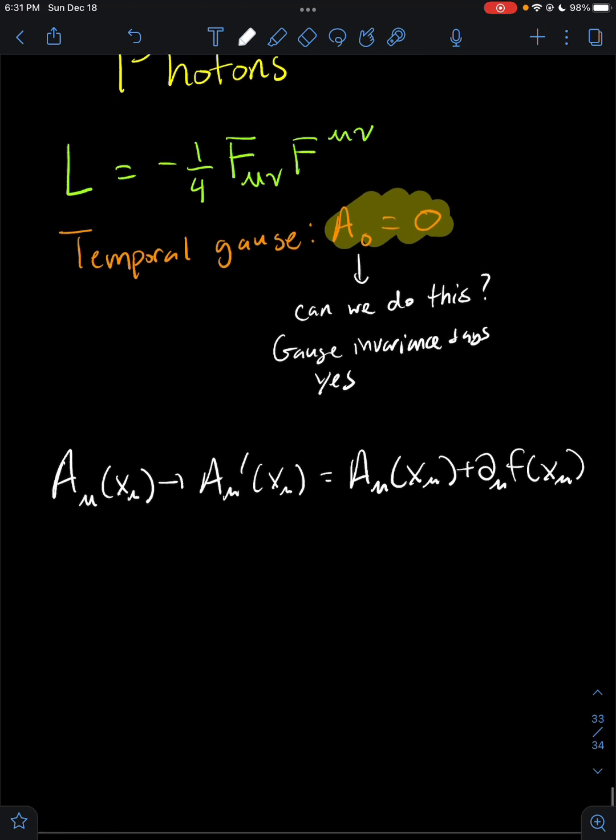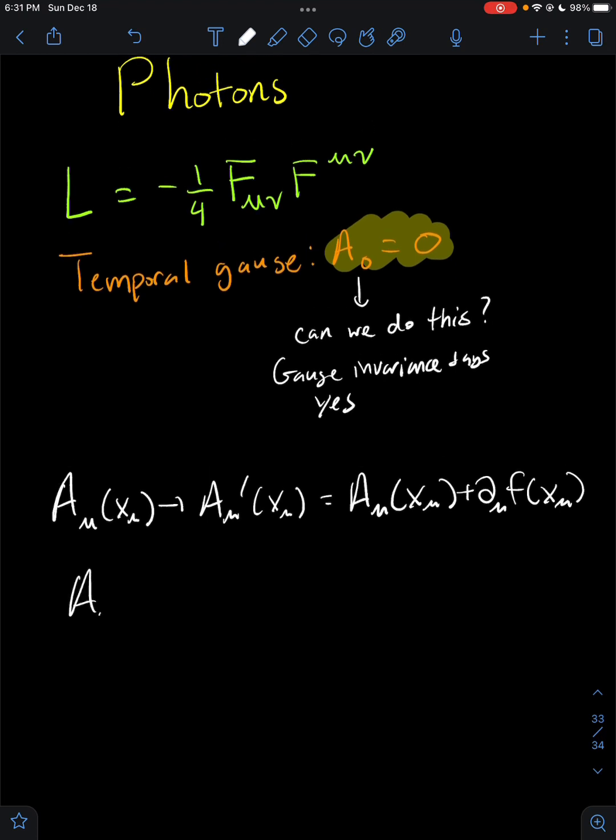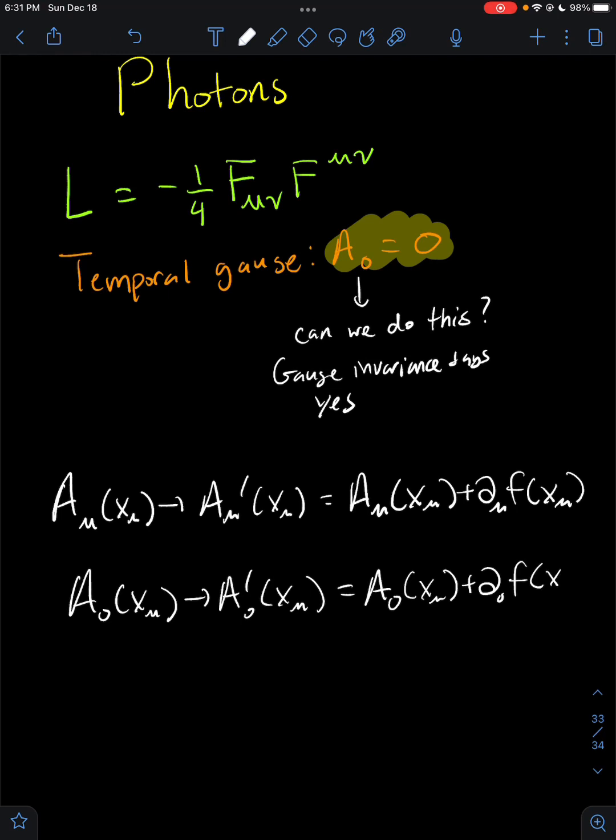This means that we are looking for A naught of x^mu to be replaced with A prime naught of x^mu, which is equal to A naught of x^mu plus partial naught f of x^mu, which will equal 0, implying that we want A naught of x^mu equals negative partial naught f of x^mu.